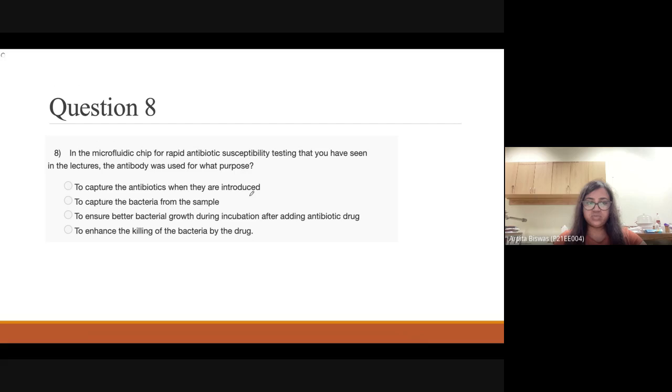First option is to capture the antibiotics when they are introduced. The second option is to capture the bacteria from the sample. The third option is to ensure better bacterial growth during the incubation after adding the antibiotic drugs. The fourth option is to enhance the killing of the bacteria by the drug.